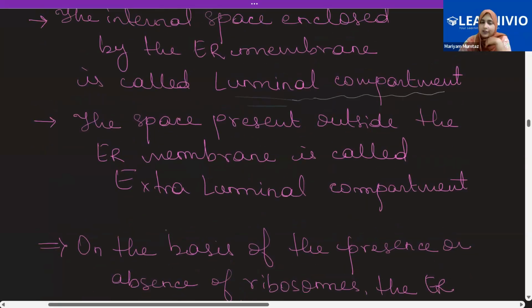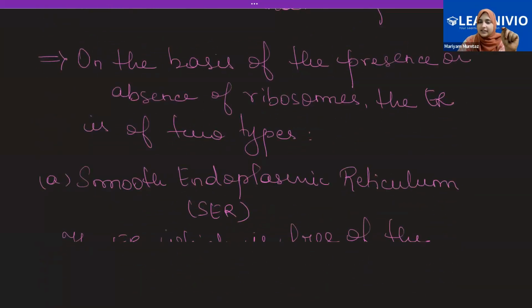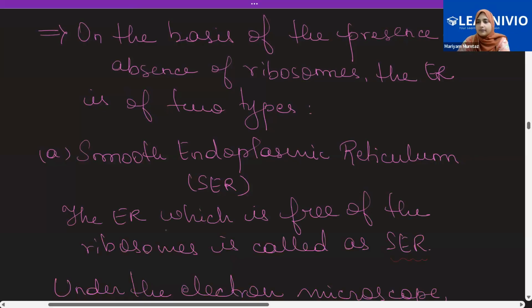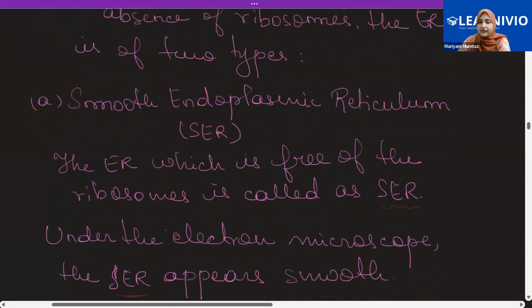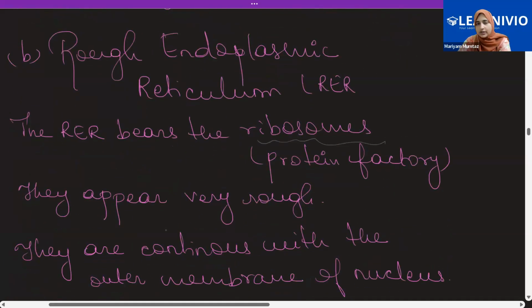Depending upon whether ribosomes are present or absent, the endoplasmic reticulum is of two types. Smooth endoplasmic reticulum has no ribosomes, so it appears very smooth. Whereas the rough endoplasmic reticulum has ribosomes present on it.